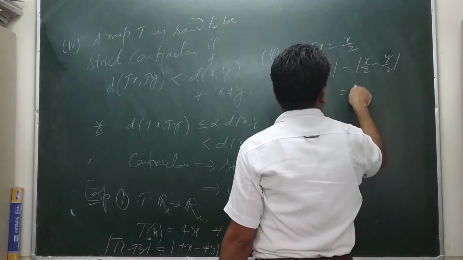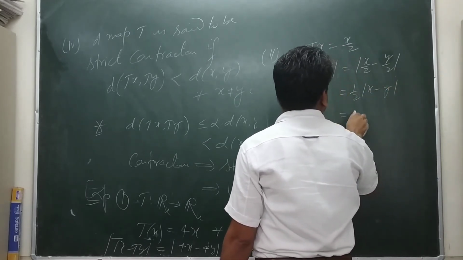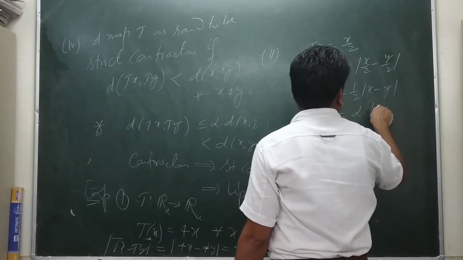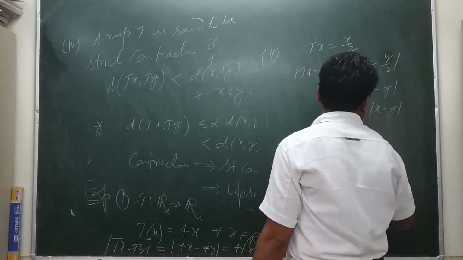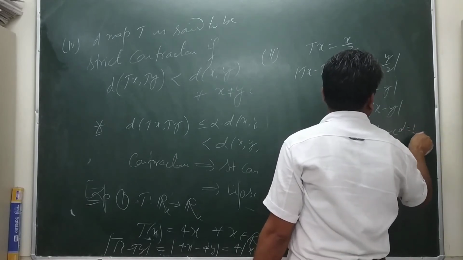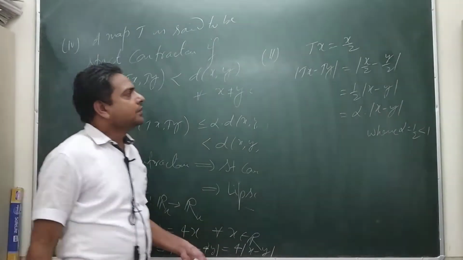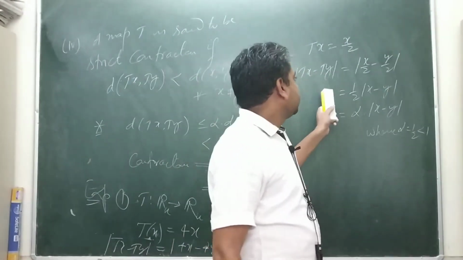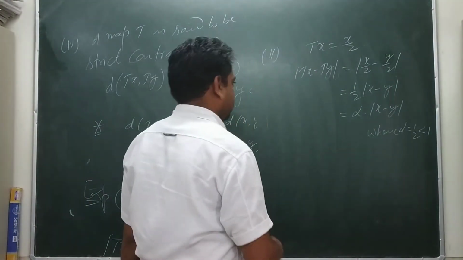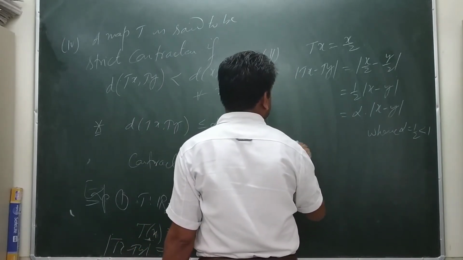So this is half of mod of x minus y. So of course, this is alpha times mod of x minus y, where alpha is strictly less than 1. Here alpha was 1 over 2. So of course this is an example of a contraction map. So this implies that T is a contraction.